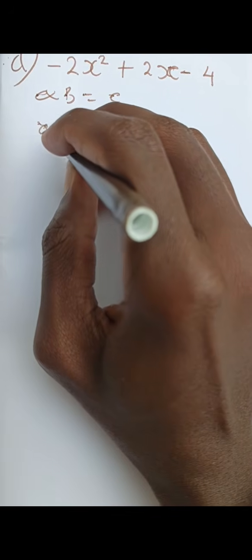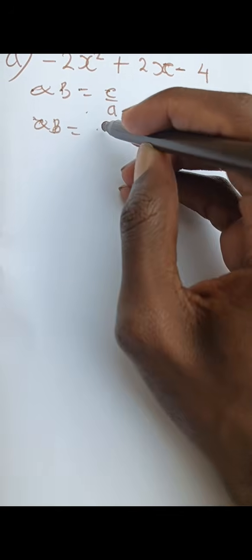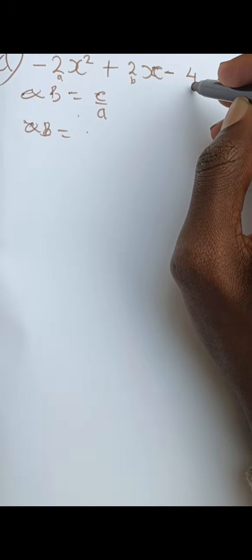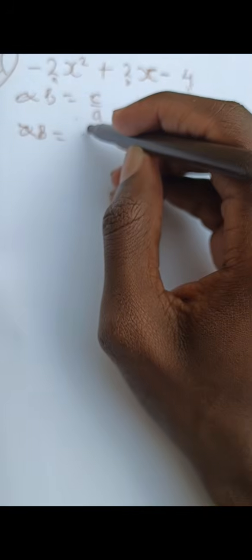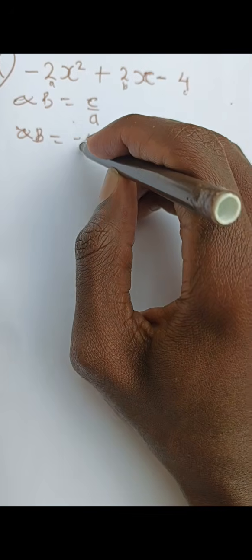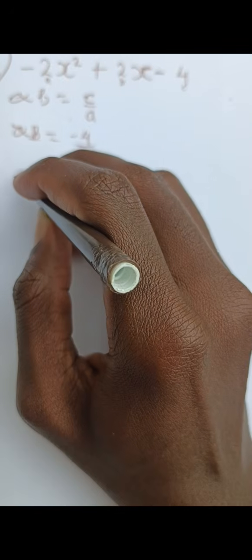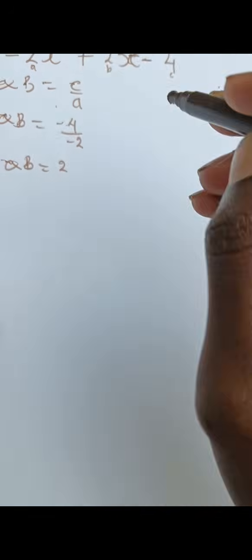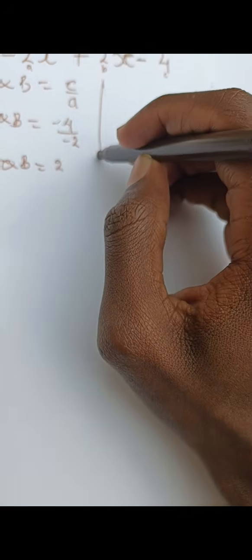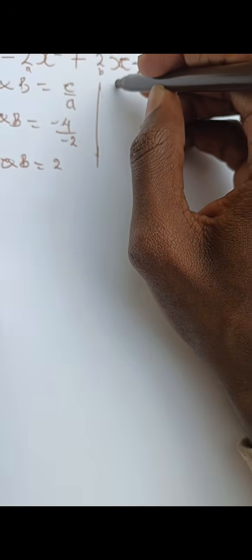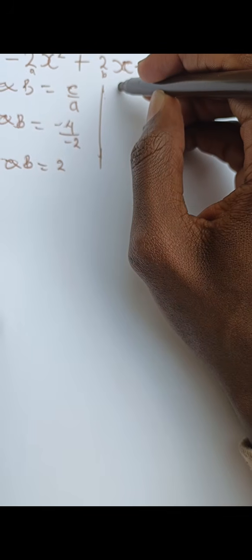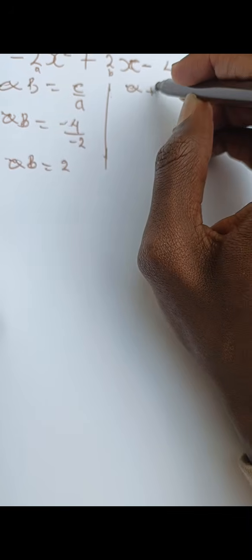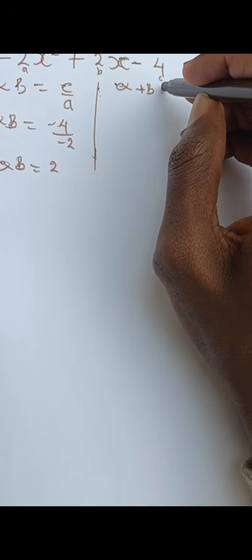So this is our A, this is our B, this is our C. Okay, so C is negative 4, A is negative 2. So alpha times beta is equal to 2, right? And we now need to find also alpha plus beta.